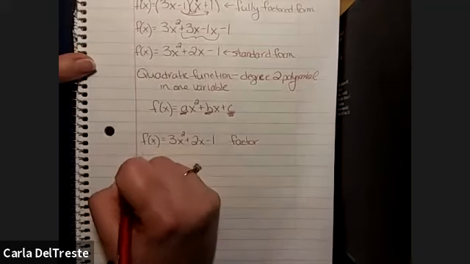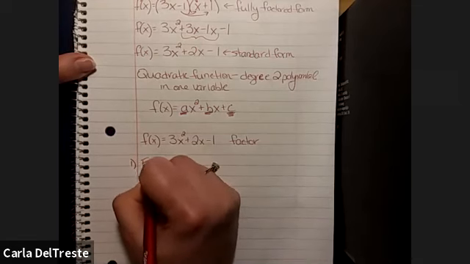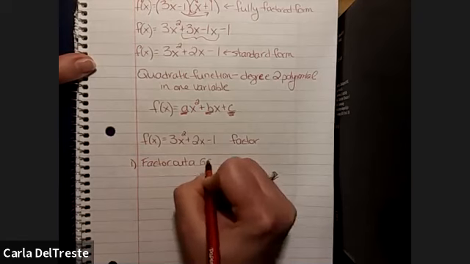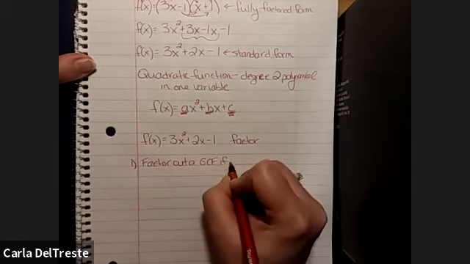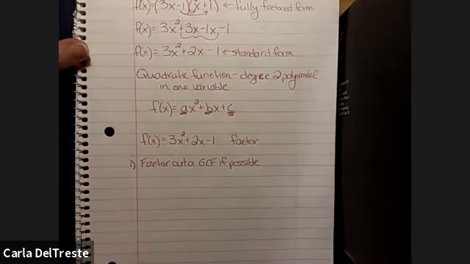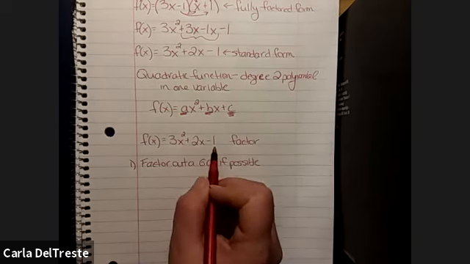The first thing you look for is factor out a GCF if possible. This particular function doesn't have a GCF, 3x squared plus 2x minus 1.